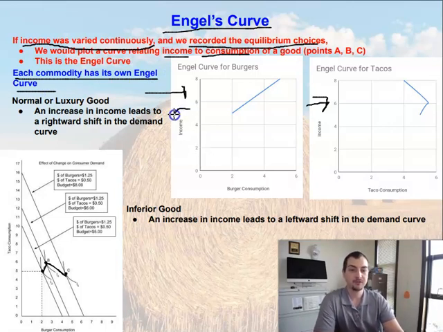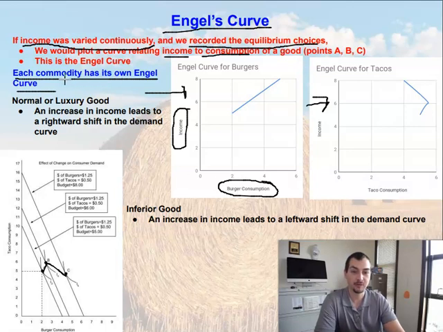First off, over here on the y-axis we have income, and down on the x-axis we have burgers, or quantity. Now remember, each commodity has its own curve, so let's look at just burgers. When income was at $5, we consumed 2 burgers.